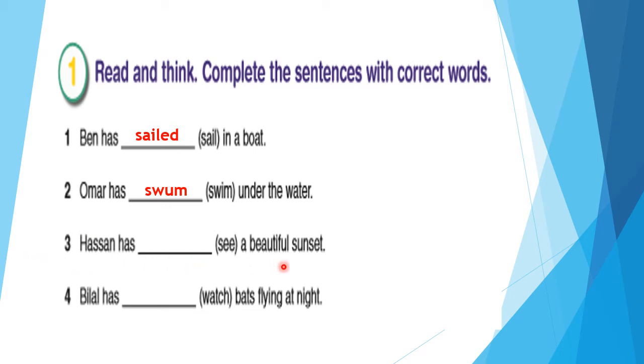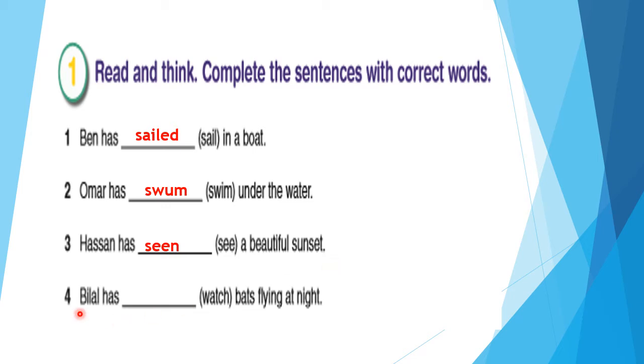Hassan has seen a beautiful sunset. What's the answer? After has, we use past participle form of the verb. What's the past participle form for see? It is seen. Read the sentence. Hassan has seen a beautiful sunset.